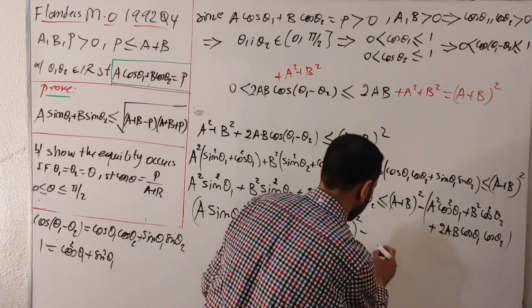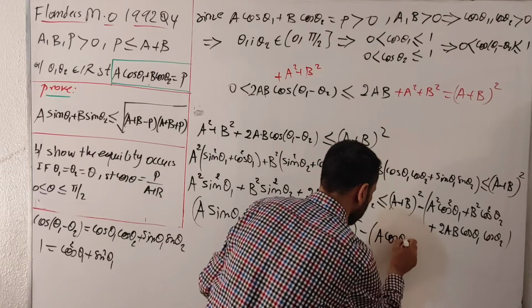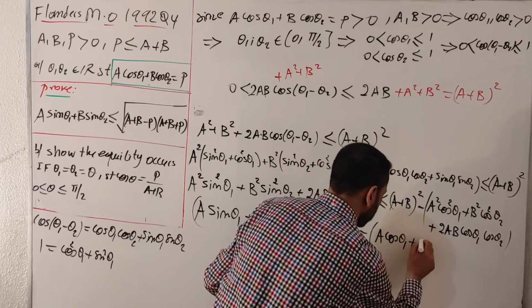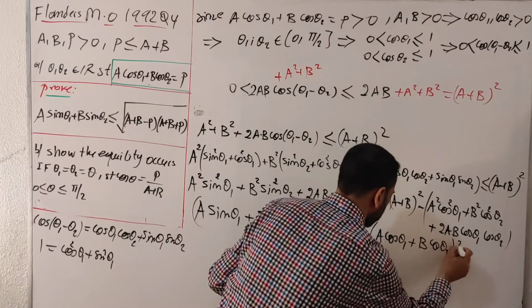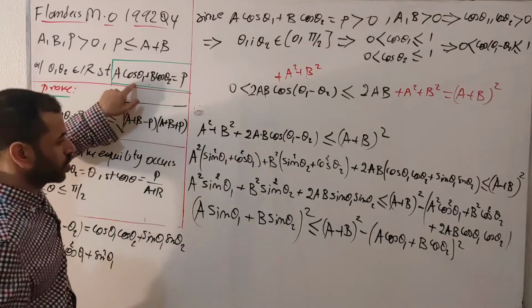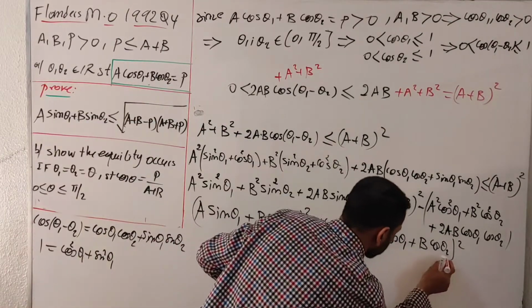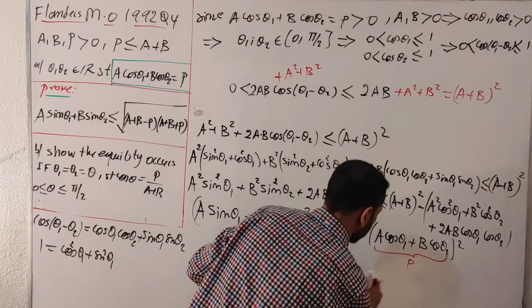This one is also the same as A multiplied by cosine theta 1 plus B multiplied by cosine theta 2 quantity square, okay? This term is the same as we have here, okay? This one is a P, okay?